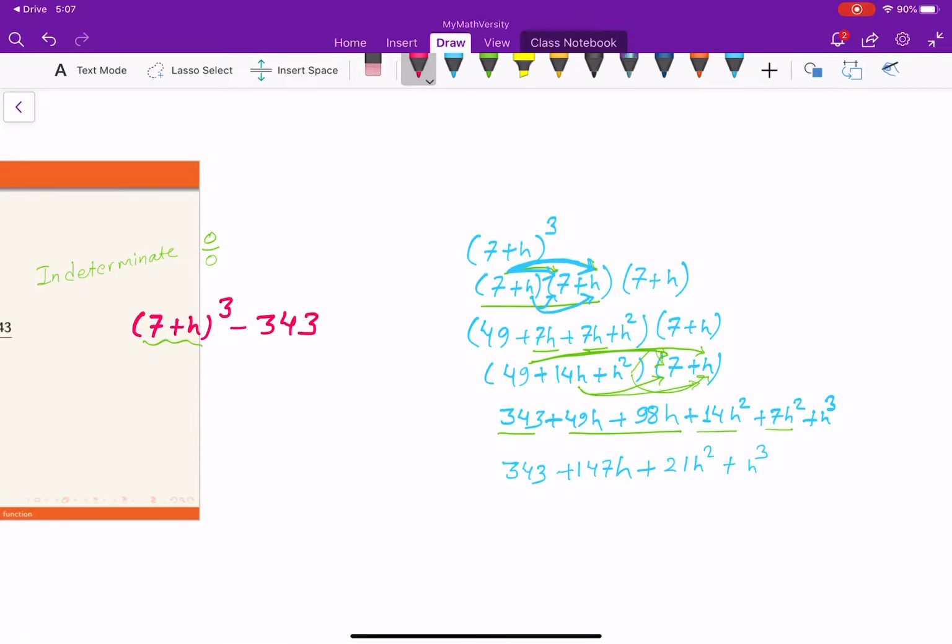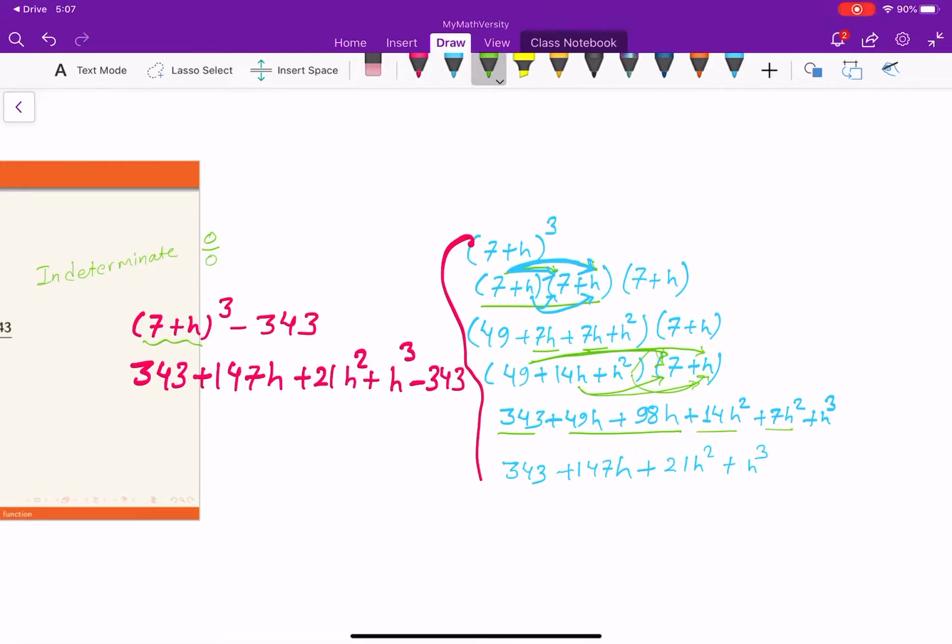Then what do we get on the numerator? We get 343 plus 147h plus 21h square plus h cube, which is the expansion of the cube of 7 plus h, minus 343, right? So this term over here, its expansion is over here, minus 343.